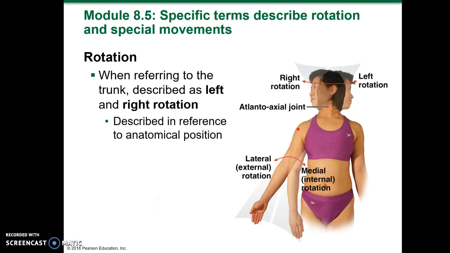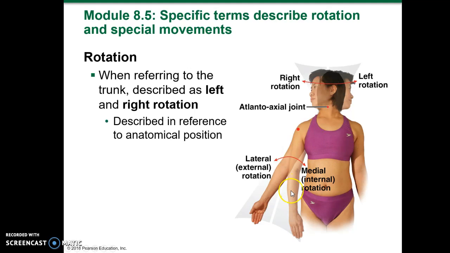Let's look at specific terms describing rotation and special movements. For rotation, when you refer to the trunk, described as left and right rotation, described in reference to the anatomical position. So for example, moving your head to the right and left, that's right rotation, left rotation. That occurs at the atlantoaxial joint.